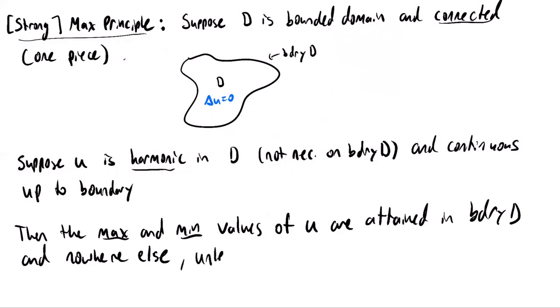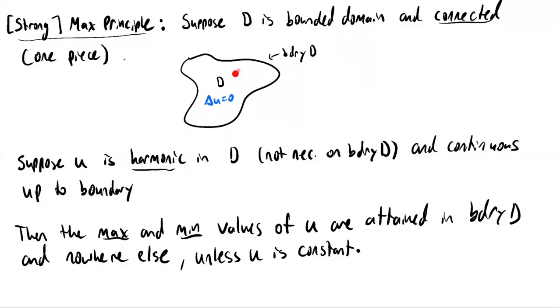So unless u is constant. And notice that this is indeed the strong maximum principle as we described for the diffusion equation. This doesn't just say that the largest and smallest values occur on the boundary. It also says that they can't occur anywhere inside the domain, right? They have to be only on the boundary.